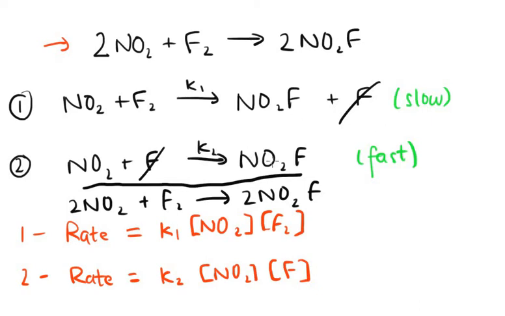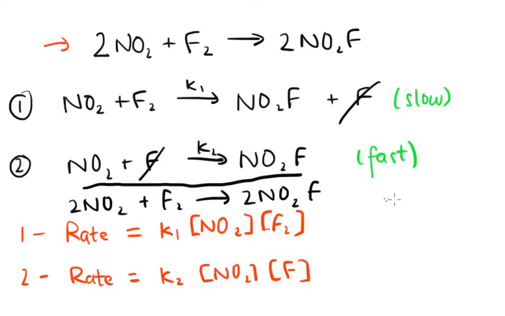Another one that's quite important is the fact that this fluorine radical is produced in this step and consumed in the second step. So it can actually completely be removed from the rate law.